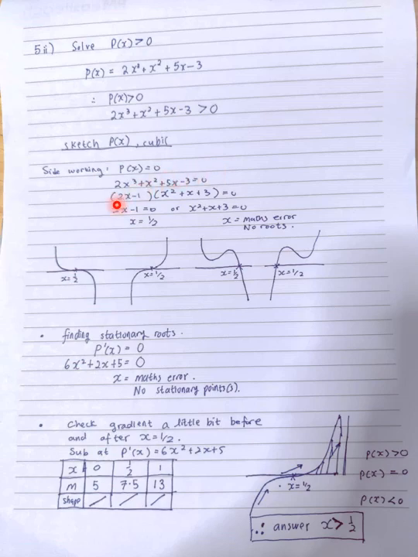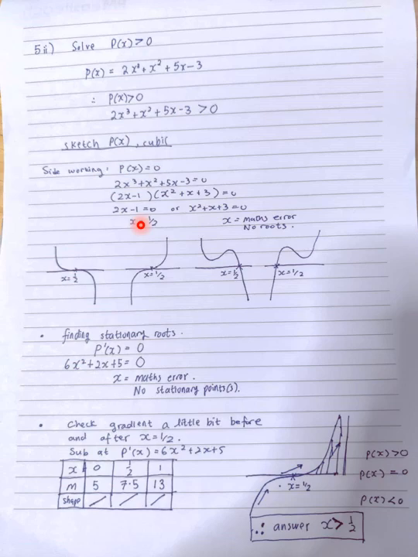By using the long division which we did previously, you can factorize p(x) into 2x minus 1 times x squared plus x plus 3 equals 0. So this one equals 0 or this one equals 0. This one is easy, x equals a half, so that is one of the roots. But this one, if you solve it with your calculator, you get maths error, no roots. So therefore, your cubic only has one root.